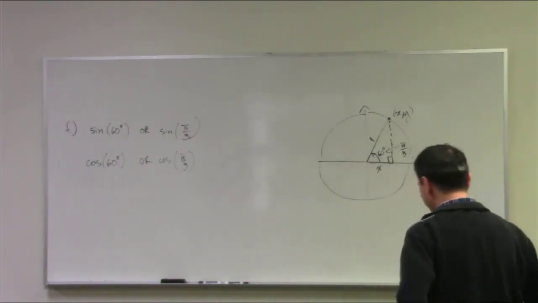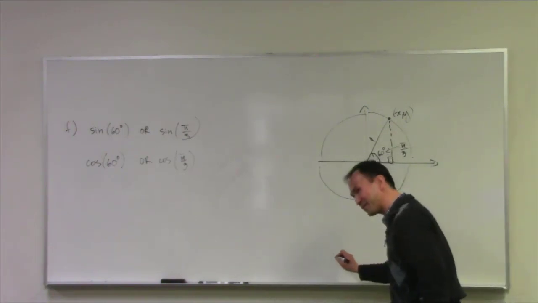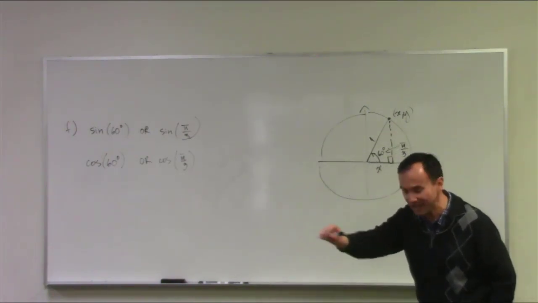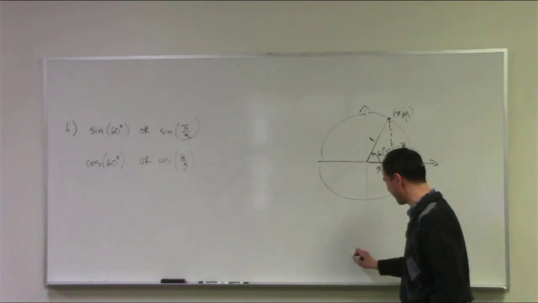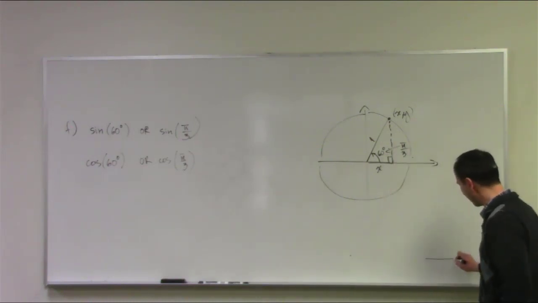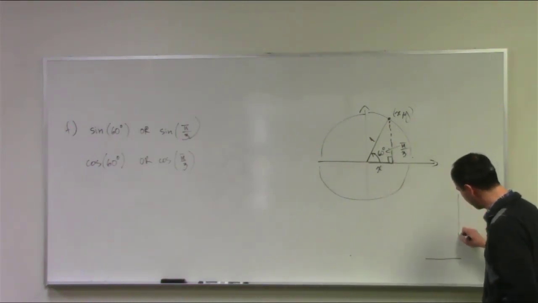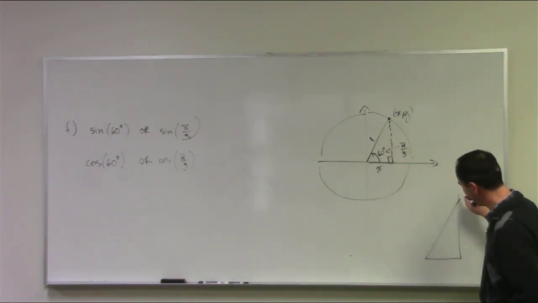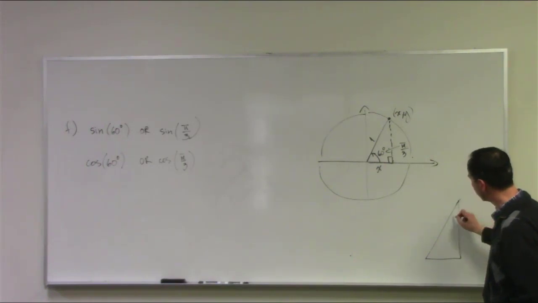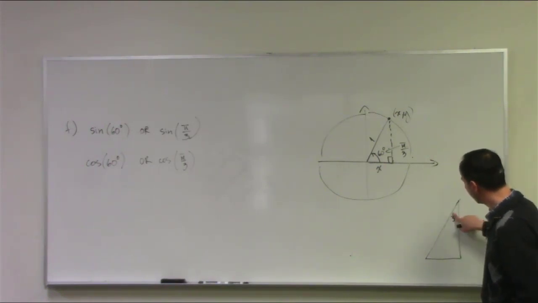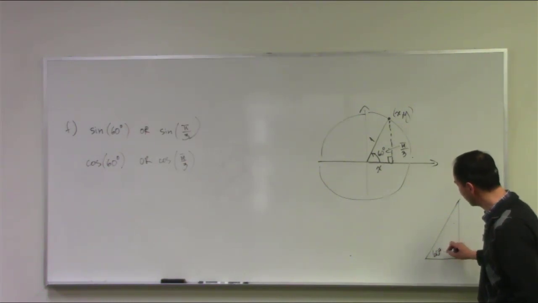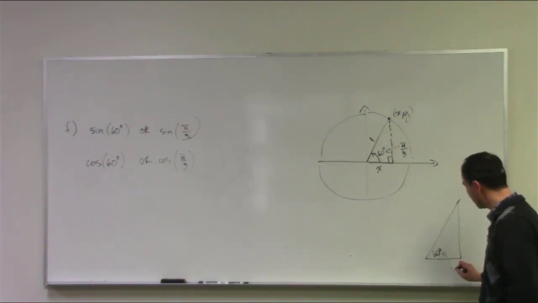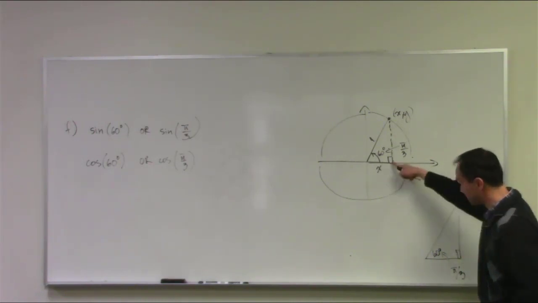So in this case, it's a very similar setup. The experience you had in the earlier work, we can reuse it. I'm going to extract out that triangle. This triangle, I'm going to take it out of the circle and put it here. See what I mean? I should have labeled that more correctly. There's a 60 degree angle here, or we see that as pi over 3. This is a 90 degree angle right there.